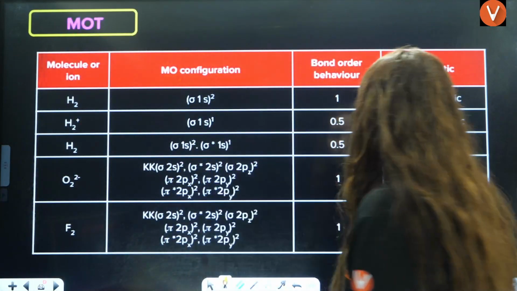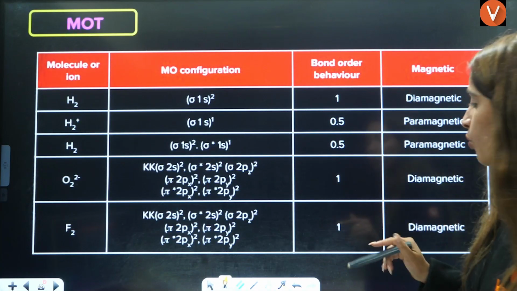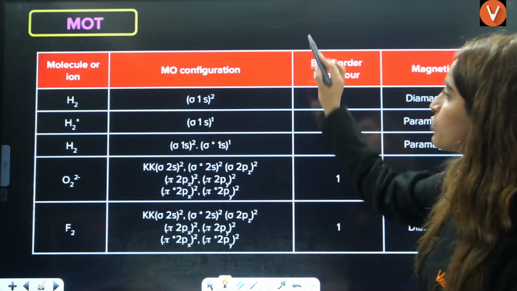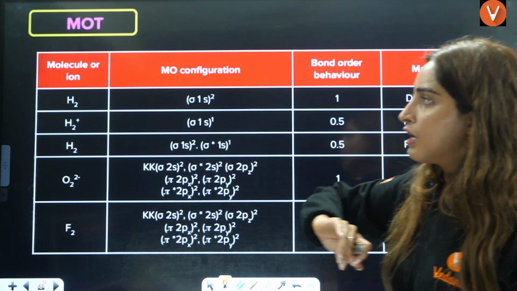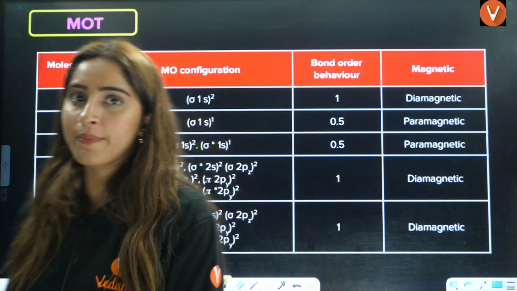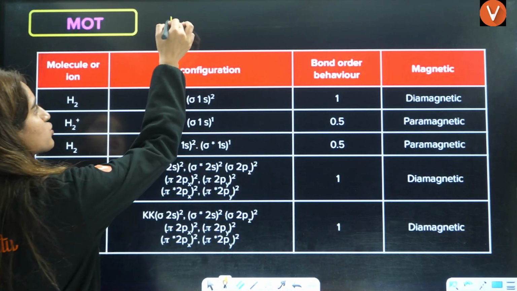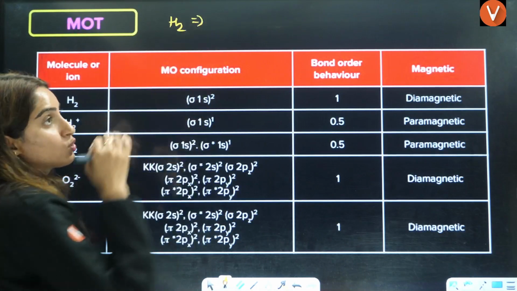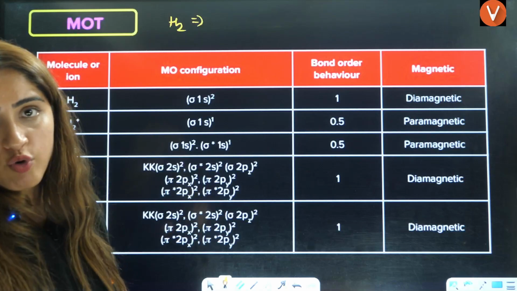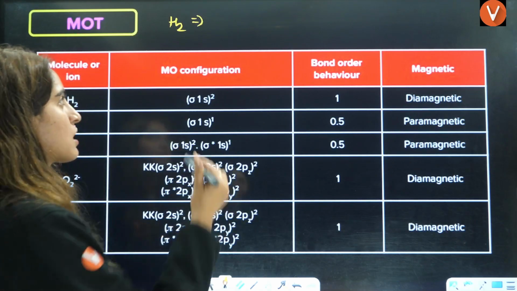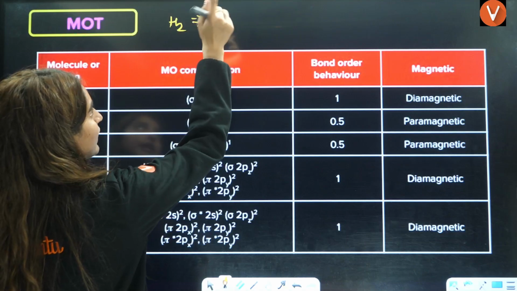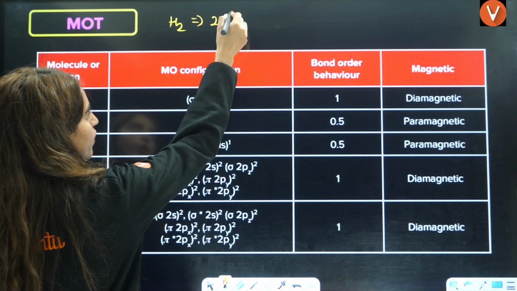Here it is H2. So in H2, what you have to remember, it is sigma 1s2. Firstly, you have to know the total number of electrons here. That is how to solve these kinds of questions. H2 has 1 electron in 1 hydrogen, so 2 electrons in 2 hydrogens.